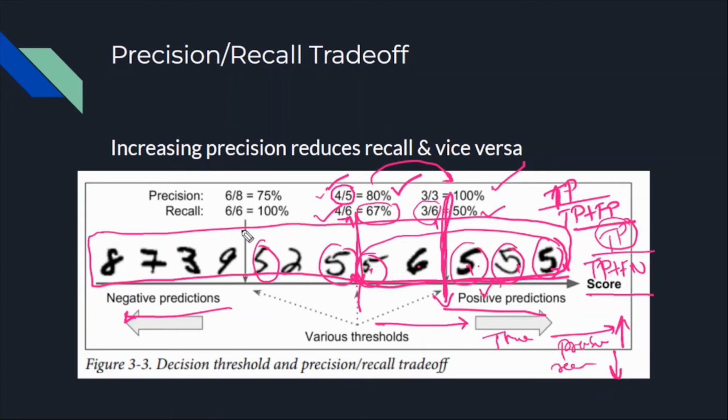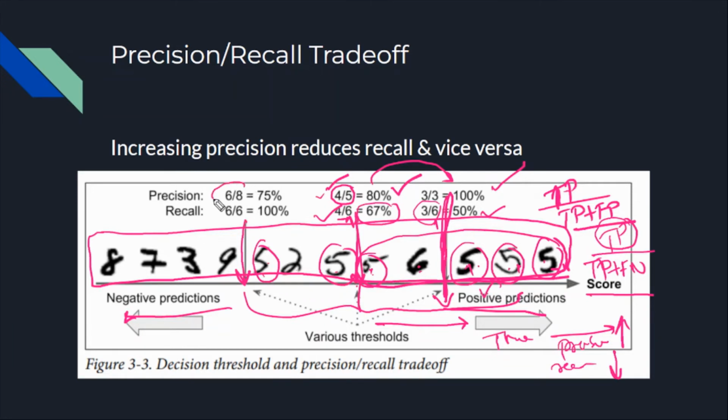Let's look at this threshold. Now when my threshold is decreased, at this line, this will be my prediction, right? So 1 2 3 4 5 6 7 8, from 8 how many did my model predict correctly? 6, right?